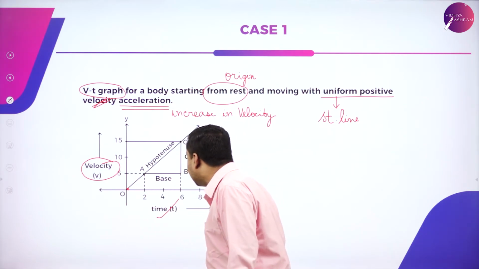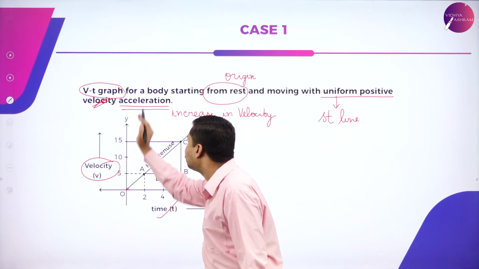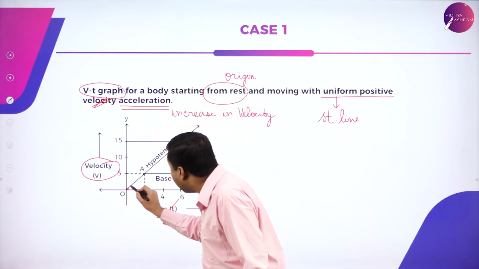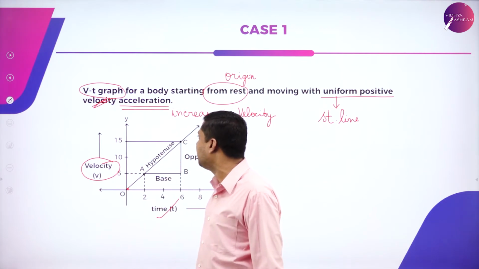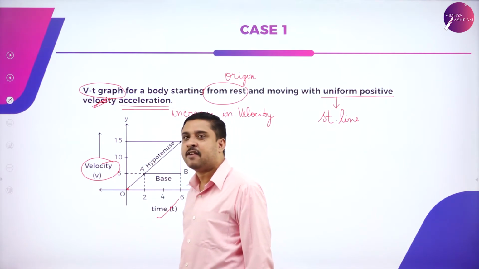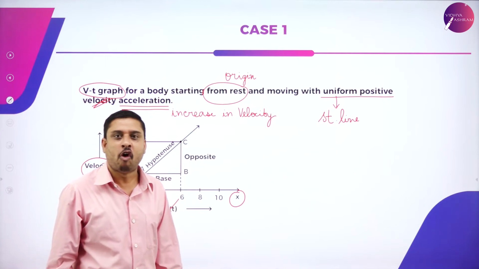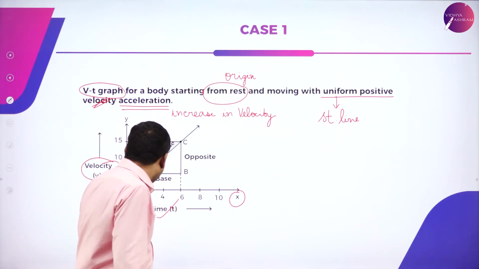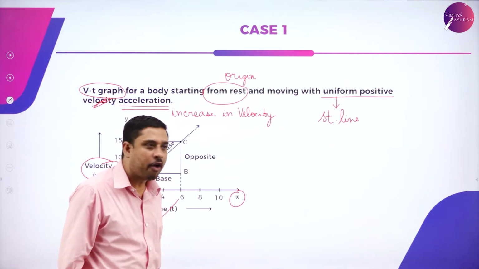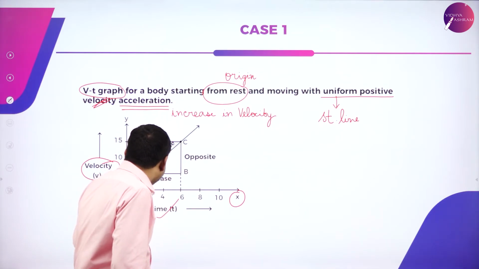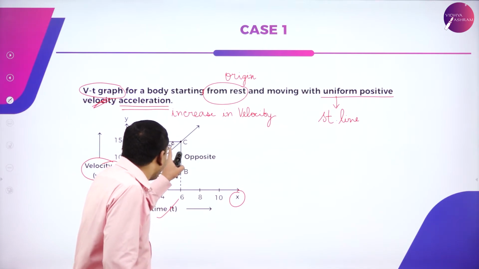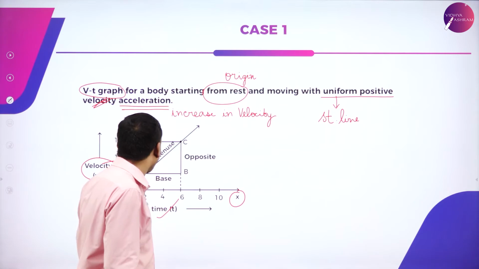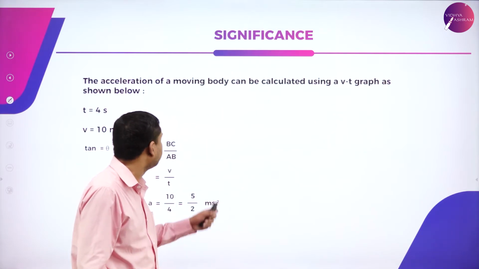As time is increasing, the velocity of the body has to increase along a straight line. So this is the VT graph for the body starting from rest, that is, starting from the origin, with increase in velocity with respect to time, and along a straight line.